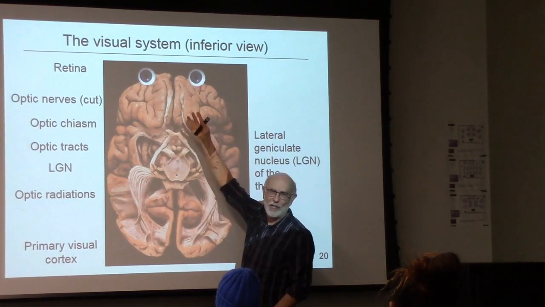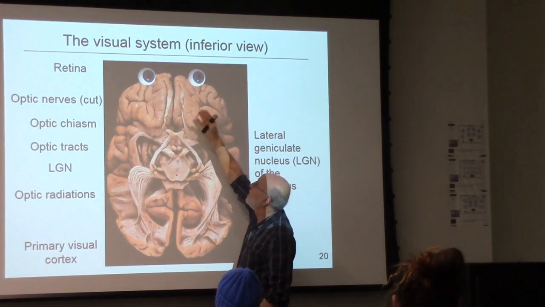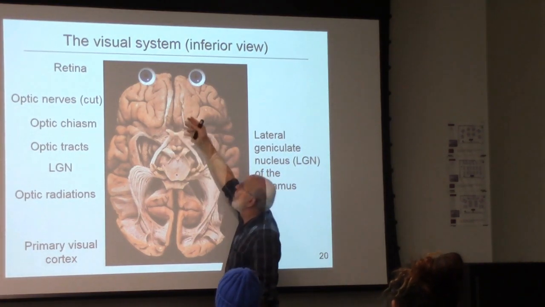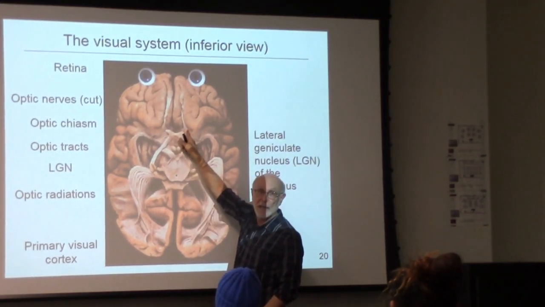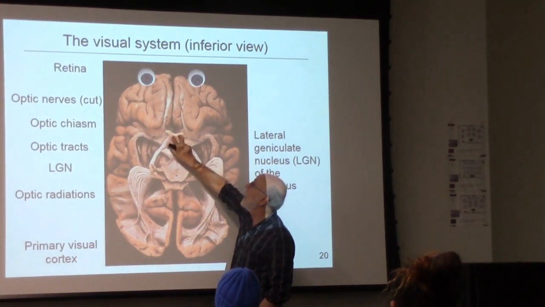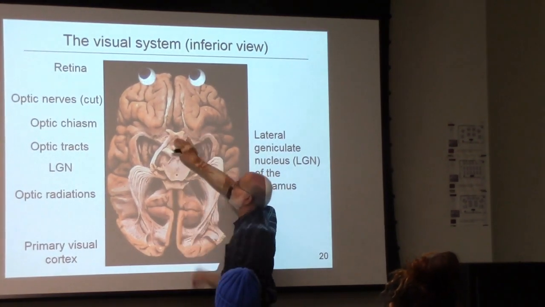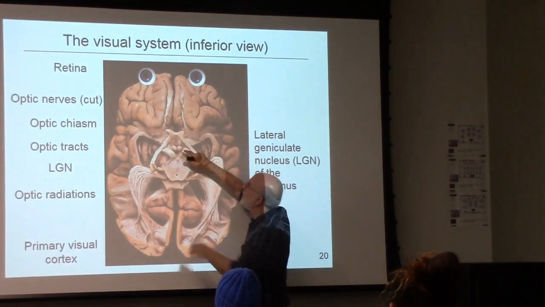The eyeballs are not in the brain, of course. That's my addition. But from the eyes, from the retina, there are optic nerves, which have been cut. You've seen it like this in our brain too. The optic nerves were cut. Optic chiasm. There are going to be some interesting things going on here in the optic chiasm.